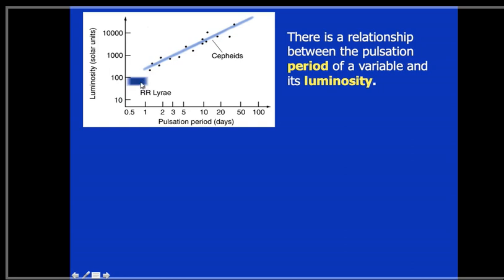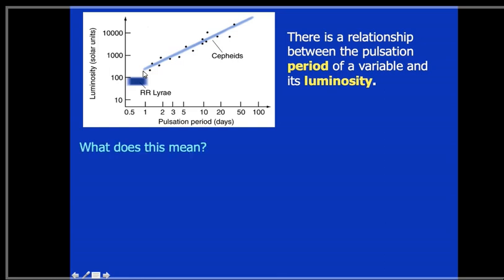And what you'll notice is that this trend here among the Cepheids extends down here to RR Lyraes and shows this relationship between period and luminosity. So these higher mass stars are also more luminous, and the more luminous you are, apparently, the longer the pulsation period. So astronomers determined this relationship between luminosity and period.